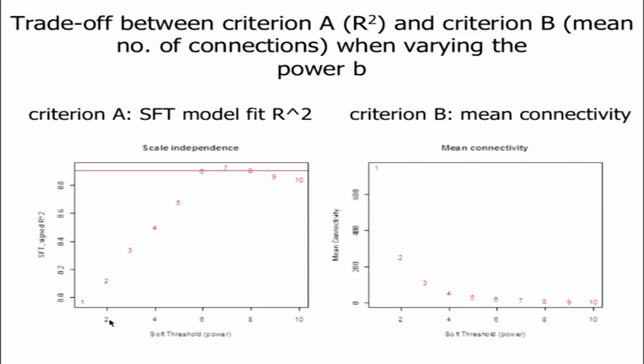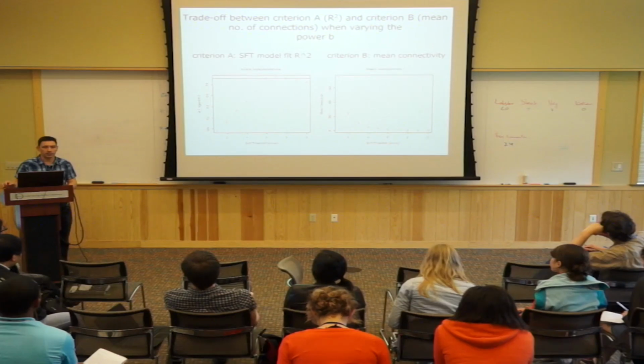The R-square is close to 0. Only if you observe a high power do you get a scale-free network. And so this insight can be used to say, well, I choose the power, for example, here 6 or 7, so that I get a scale-free network. That's the essence of the criterion.